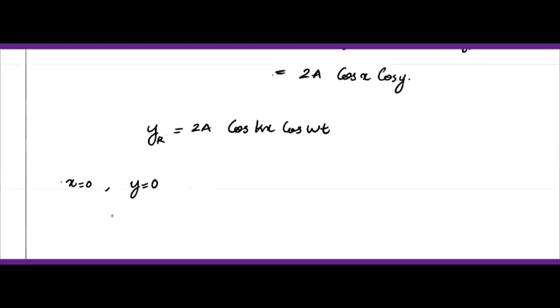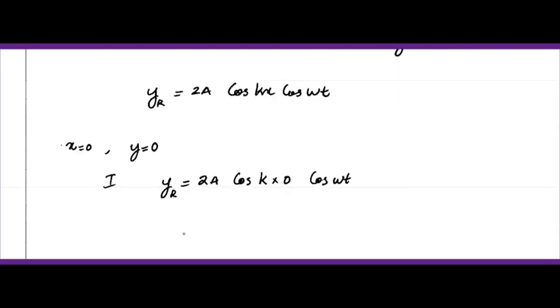So when x equals 0 in the first case, yr becomes 2a cos k into 0 cos omega t, and cos 0 is 1. We get the y resultant 2a cos omega t, which is not equal to 0.